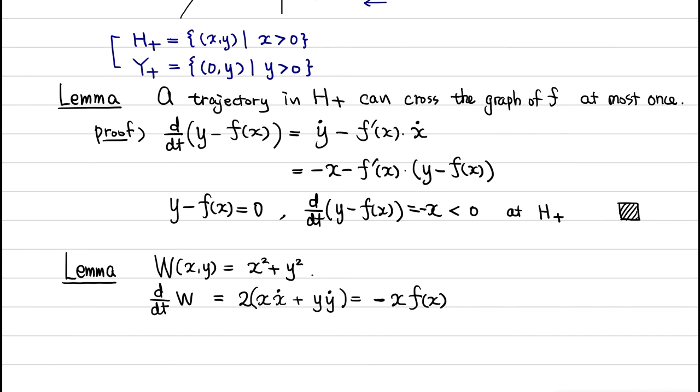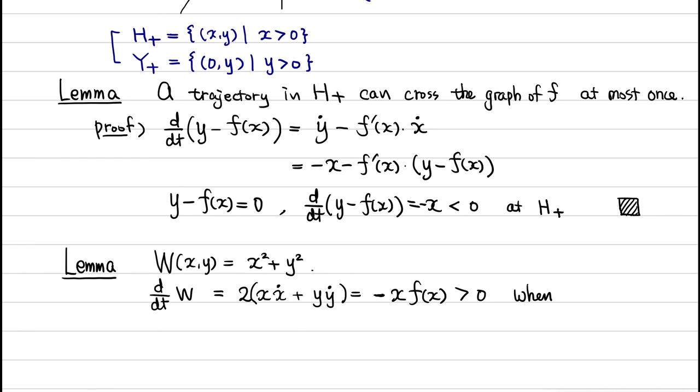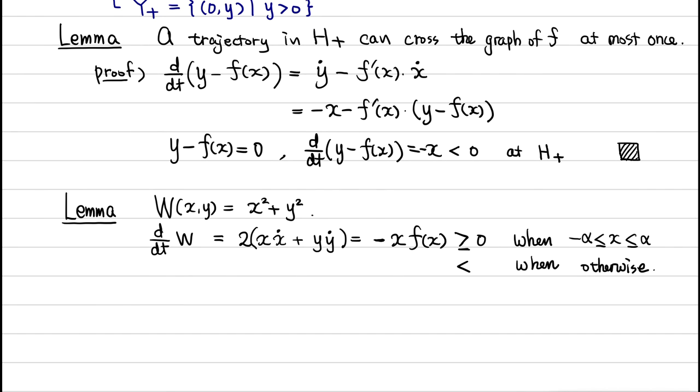So it is positive when x is between minus alpha and alpha, and negative otherwise, when outside. And by the Lyapunov theorem, that in fact shows that the origin is an unstable fixed point.